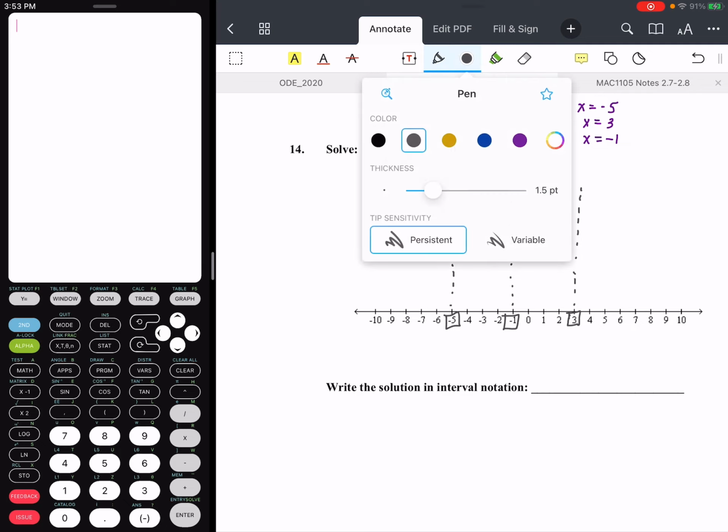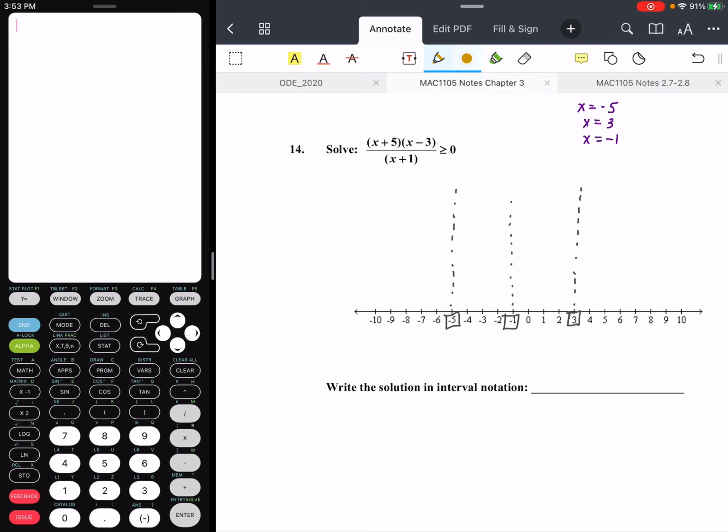Okay, so I'm going to pick out my test points in each of these intervals. Maybe I'll pick -8 on the far left, and I'm going to plug it into each of these factors. So -8 plus 5 times -8 minus 3 over -8 plus 1. -8 plus 5 would be negative. -8 minus 3 would be negative. And -8 plus 1 would be negative. Three negatives give me a negative result overall.